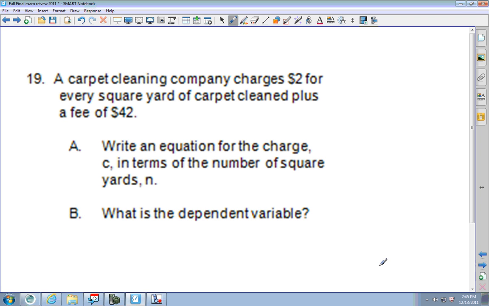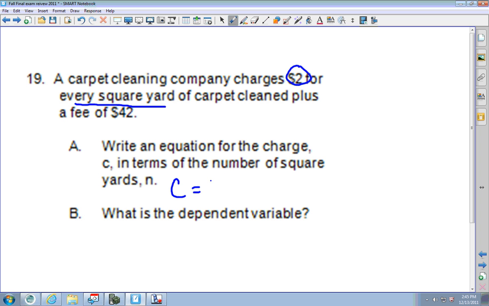Next, a carpet cleaning company charges $2 for every square yard of carpet cleaned, plus a fee of $42. Write an equation for the charge C in terms of the number of square yards N, and then it's asking what is the independent or what is the dependent variable. Okay, well, the cost is going to be, it says $2 for every square yard.